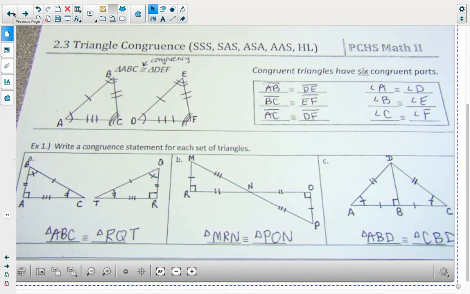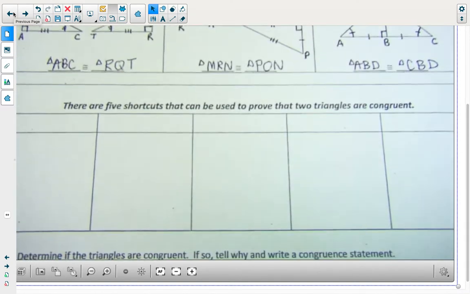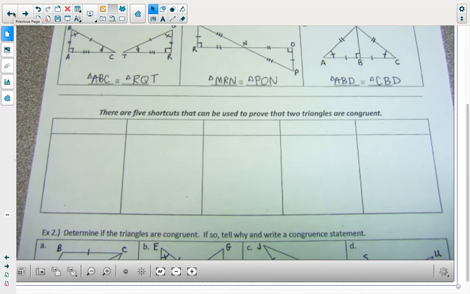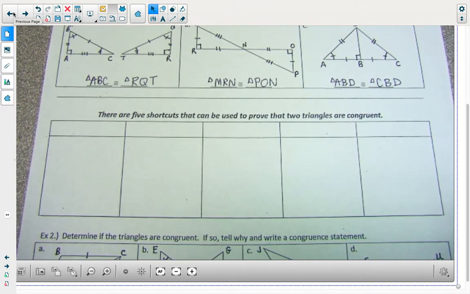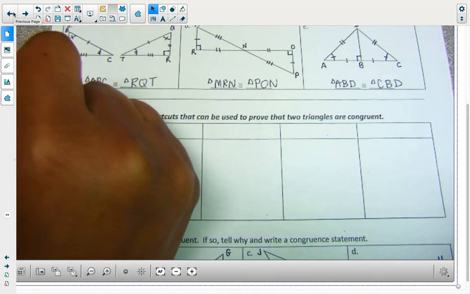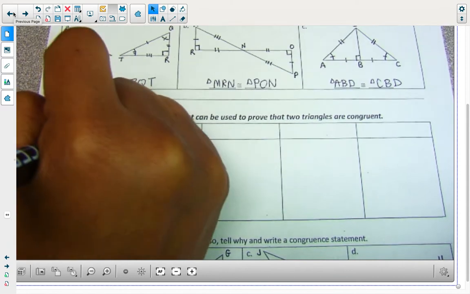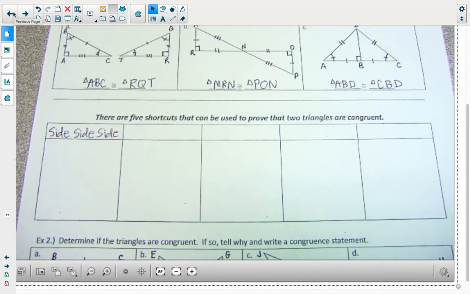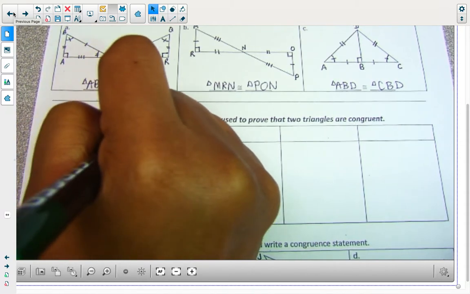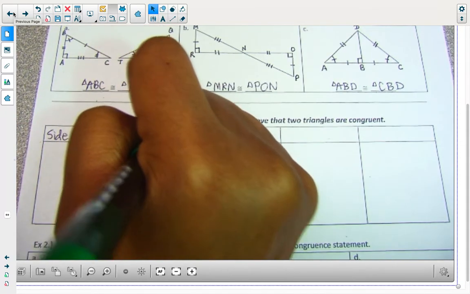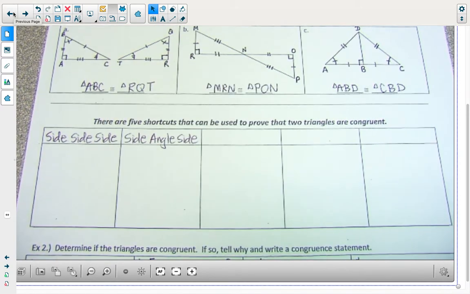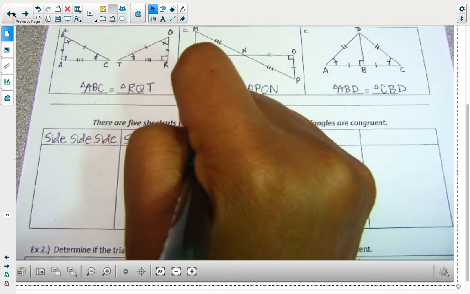Now, the important part for today, we're going to take a look at the 5 congruency theorems for triangles. So there are 5 of them. The first one is side, side, side. The next one is side, angle, side. The third one is angle, side, angle.